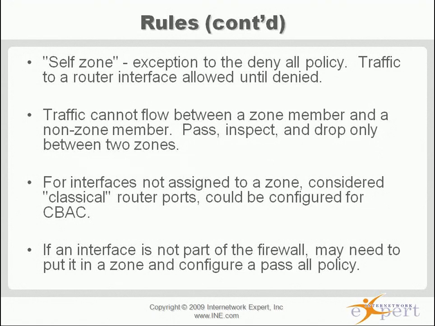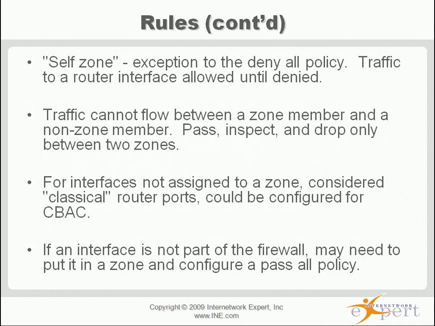Next rule we have is about traffic between a zone member and a non-zone member. The policy and the passing of traffic is only from zone members to zone members.